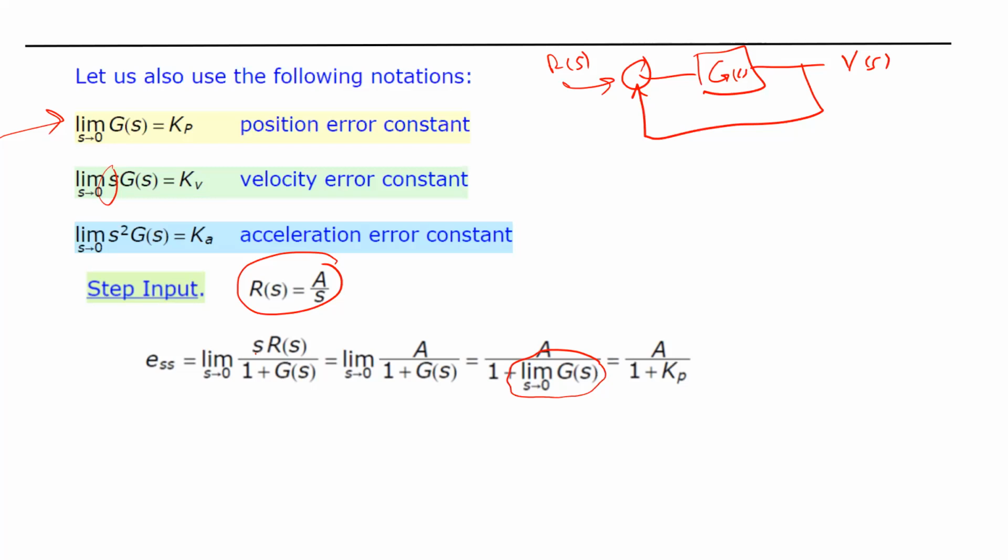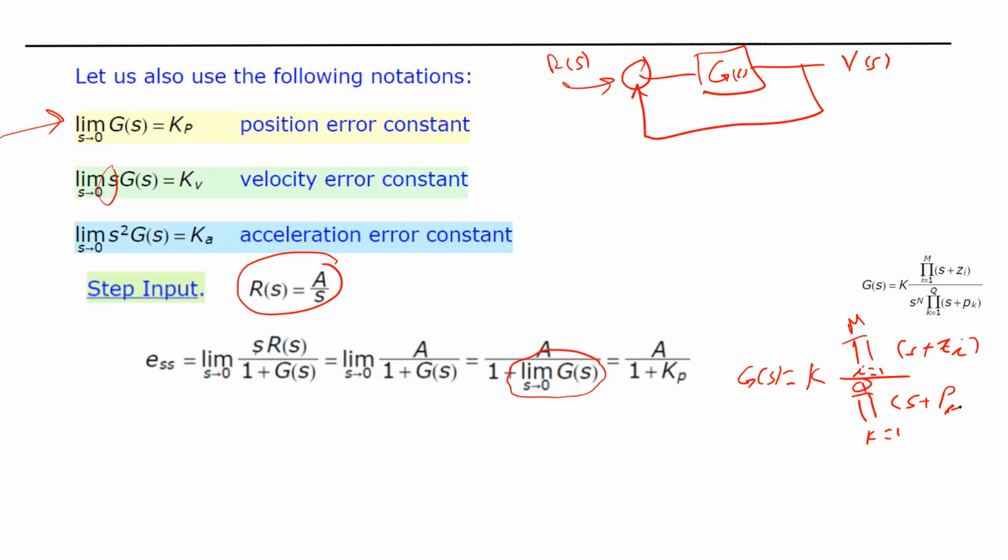Okay, so this Kp is associated basically with the step input. Now, suppose for this system, let me look into the various possibilities of G. Suppose G is of type 0. Suppose G of S equals K, big pi over i equal to 1 to M of S plus Zi, over big pi over k equal to 1 to Q of S plus Pk.